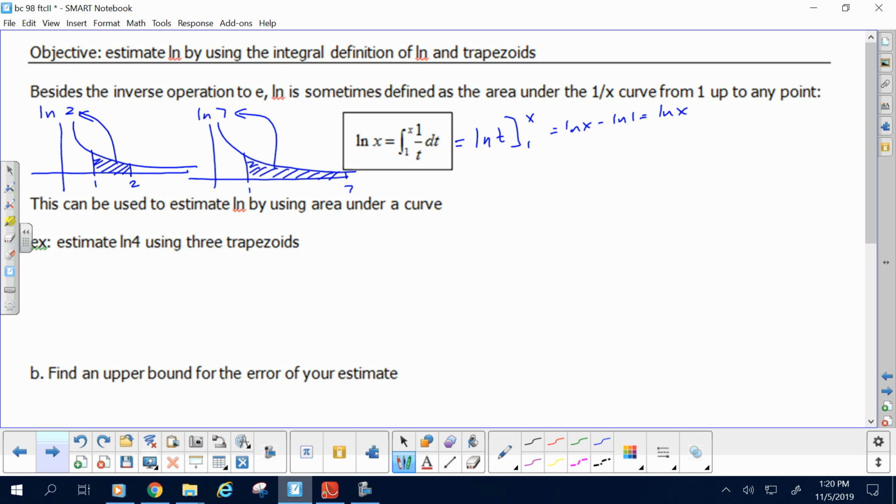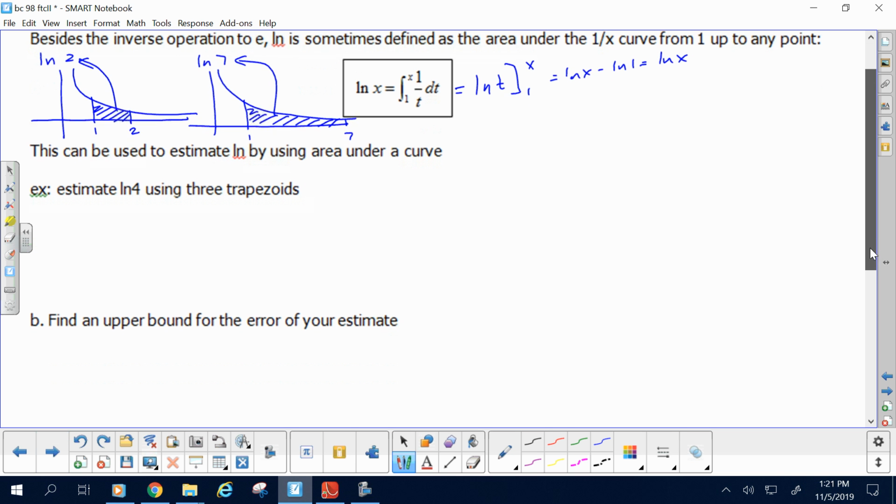And they had a much more accurate way of calculating these without the table. So it goes like this. If I wanted you to estimate the natural log of 4 using 3 trapezoids, then you could say, well, by this new definition, natural log of 4 is the area under the 1 over t curve from 1 to 4.